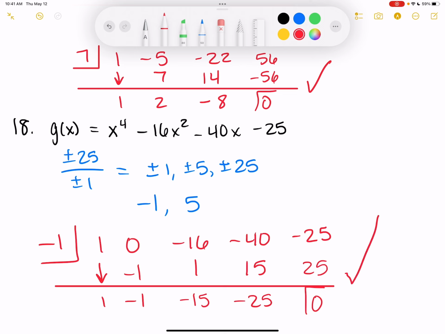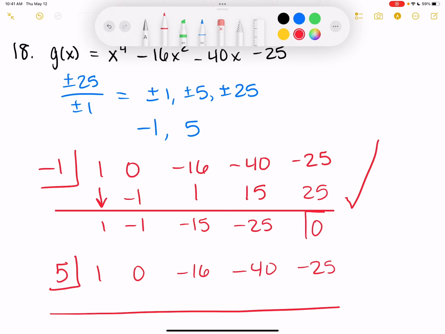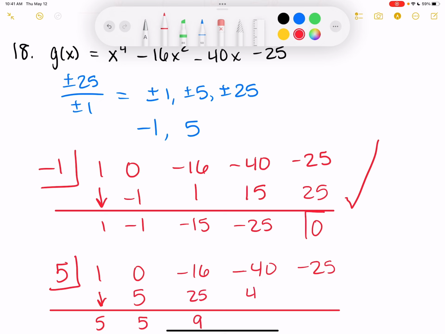It's a 0. Zero alert. You don't learn. Check your other one. Okay, 5. 5, 25, 9. What the heck? I forgot the one. What's 9? 45. It's a 0.